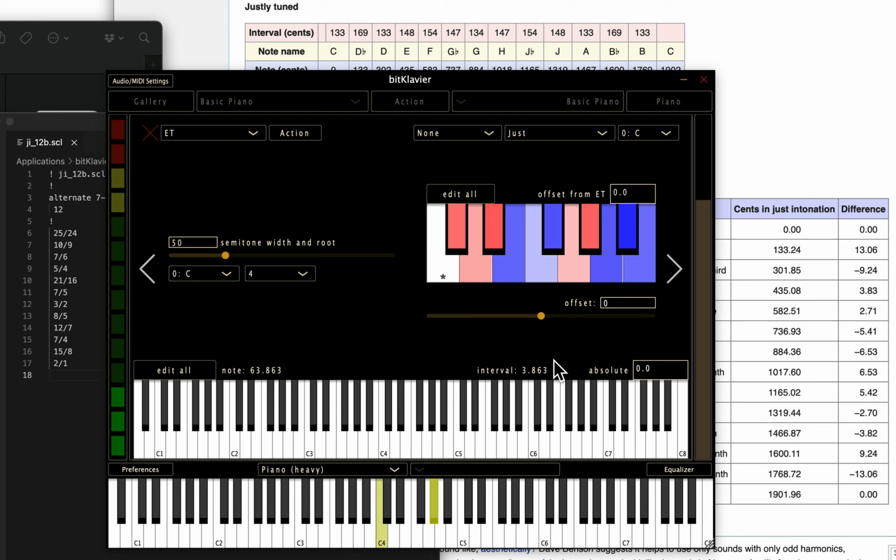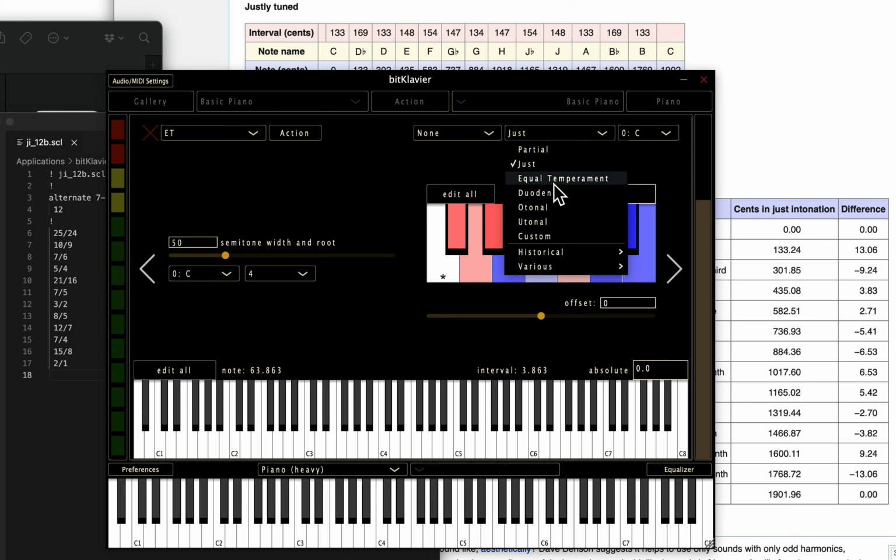You'll notice the major third, instead of being an interval of 4, is actually 3.863, which is a just tuned major third. So this is overlaid on this, trying to retain the intervallic tuning structure of whatever tuning system you have there. So that's something that could yield some interesting results if that's something you want to explore. Okay, I'm going to set it back to equal temperament.